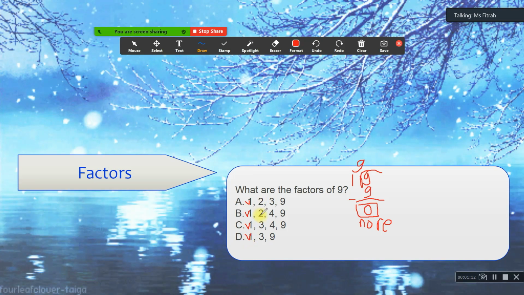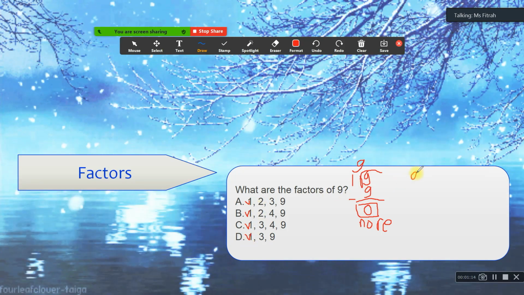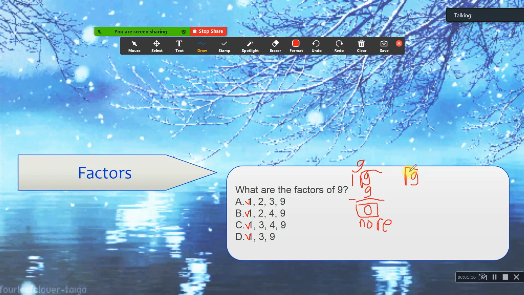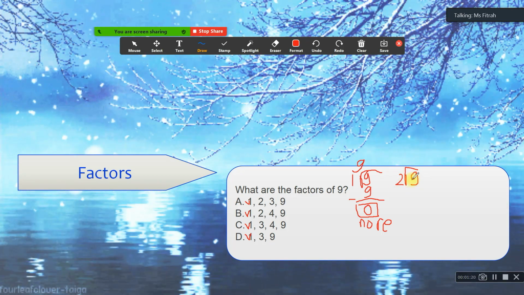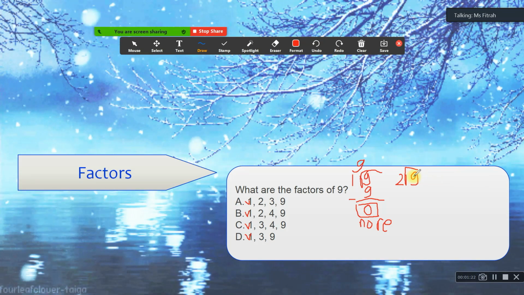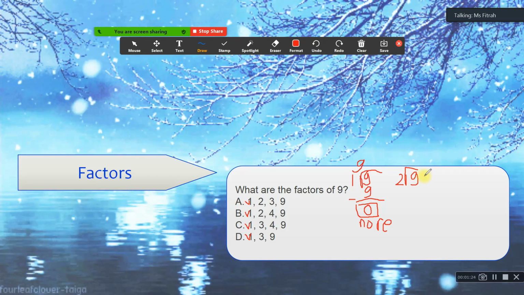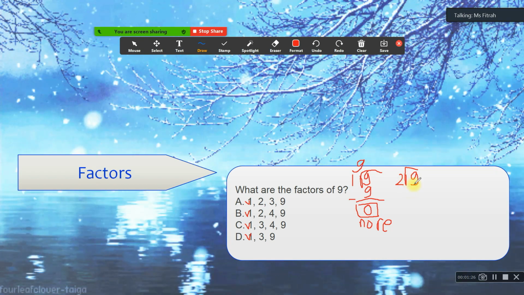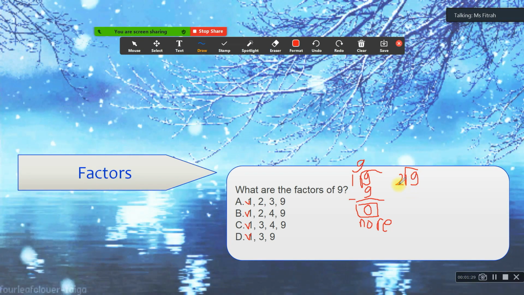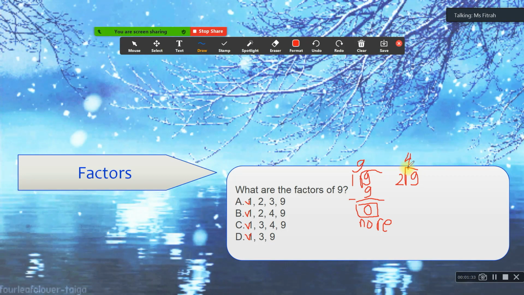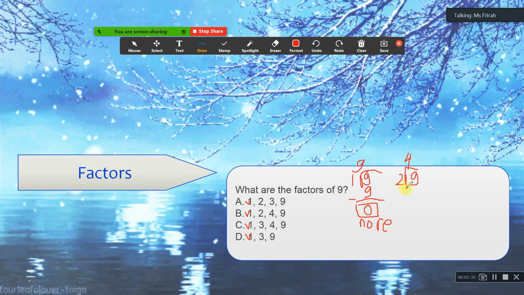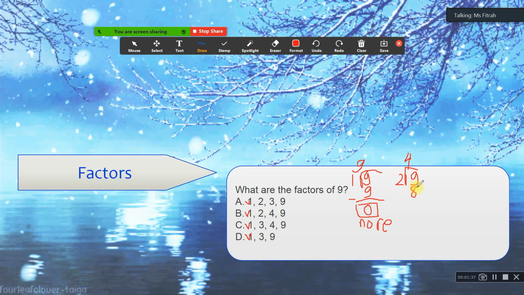How about 2? 9 divided by 2. 2 times what gives a result smaller than or equal to 9? 2 times 4 becomes 8.